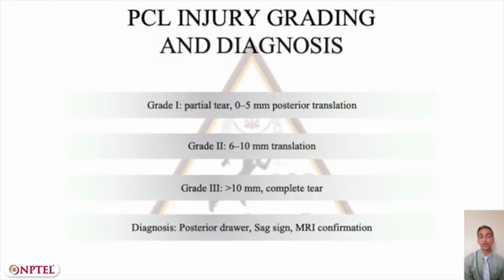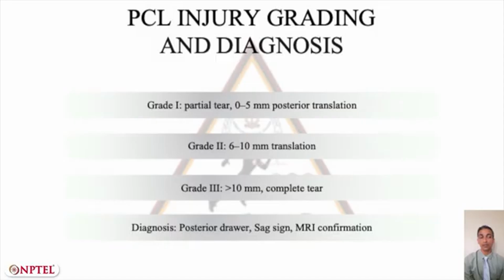Grade 2 involves around 6 to 10 mm translation of the tibia when a posterior force is applied to the tibia. Grade 3 represents a complete rupture of the PCL with more than 10 mm translation and no firm endpoint.